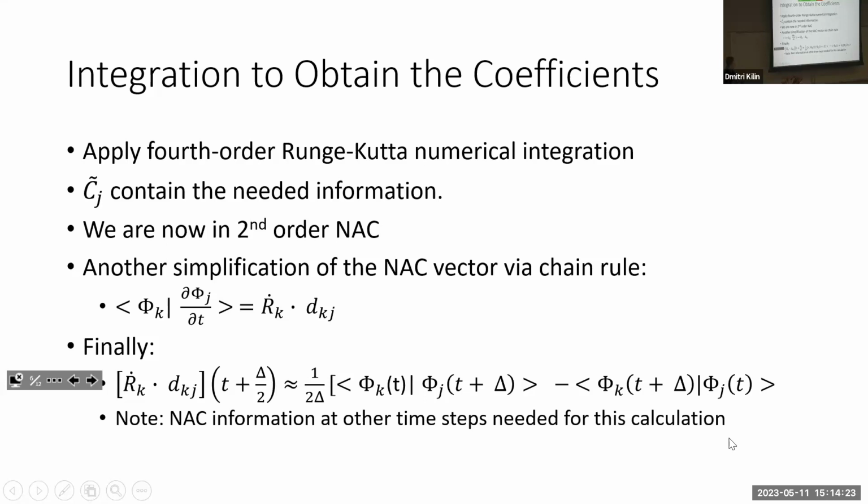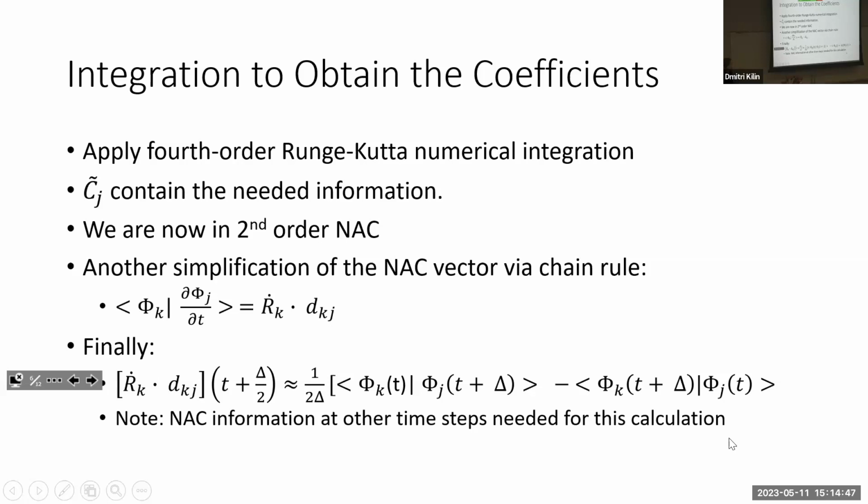And since we're in the Runge-Kutta integration approximation, we get a second-order derivative. So we've moved on to second-order non-adiabatic coupling. We could also rename our non-adiabatic coupling vector like so. And with that, we get this final expression for the non-adiabatic coupling vector, and that can help us find what our coefficients are.